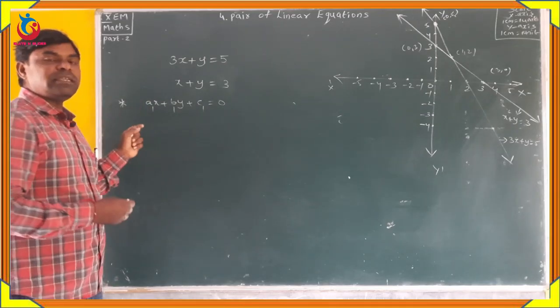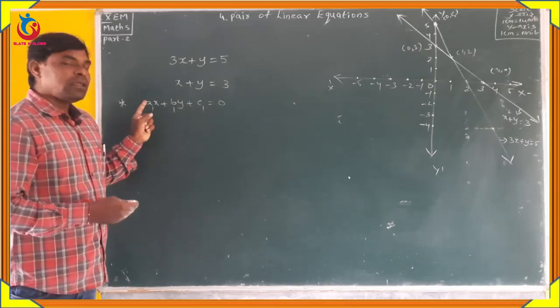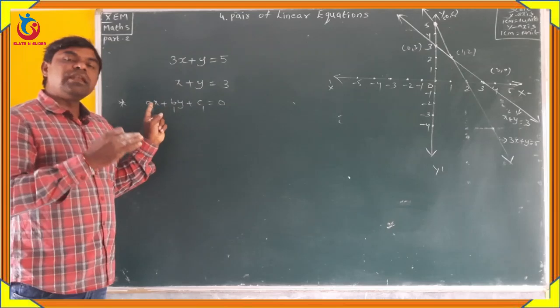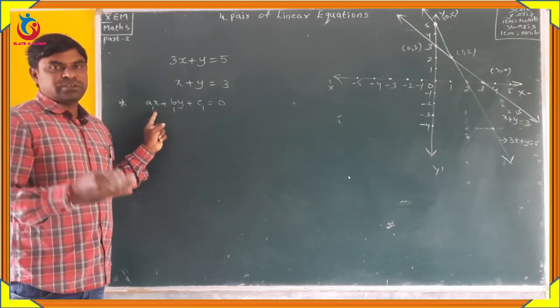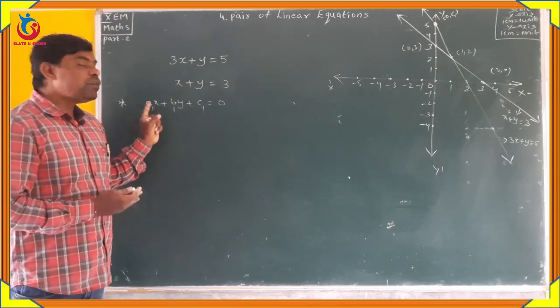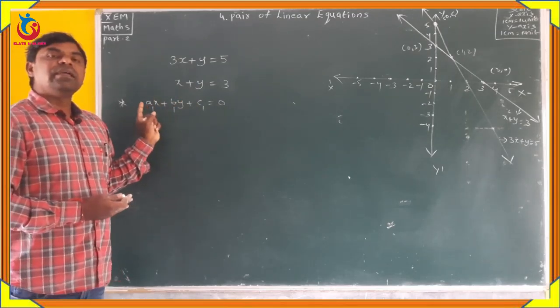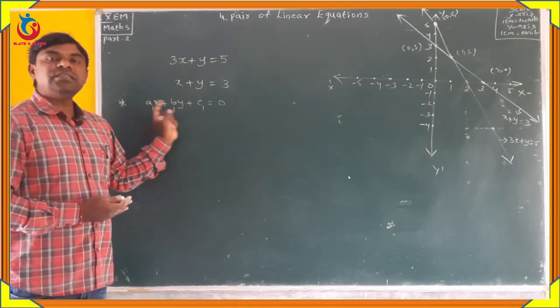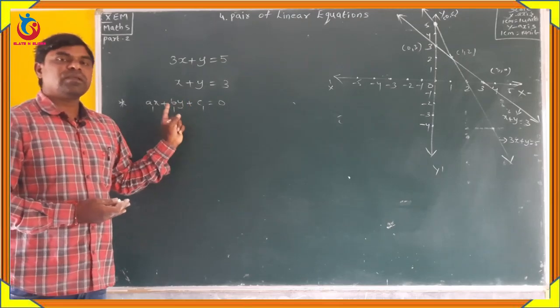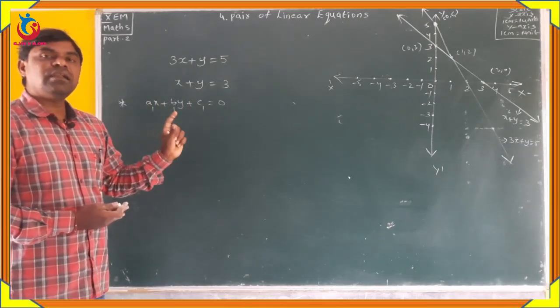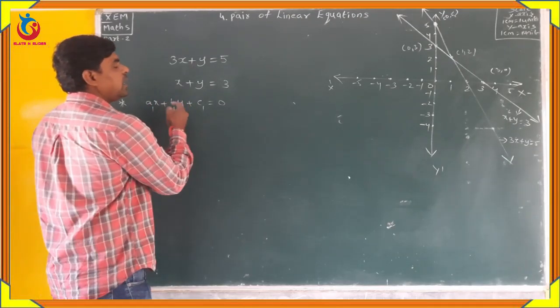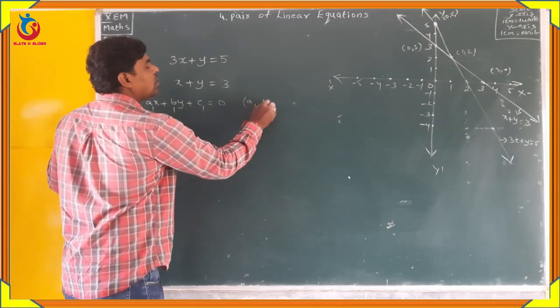Actually in mathematics in 6th and 7th classes, we suppose the English alphabet from A to Z are the variables, but after 8th class we suppose only x, y, z are variables, and the remaining A, B, C, D, E, F, these alphabets are called numerals or constants. That is why here a1, b1, c1 are called constants.